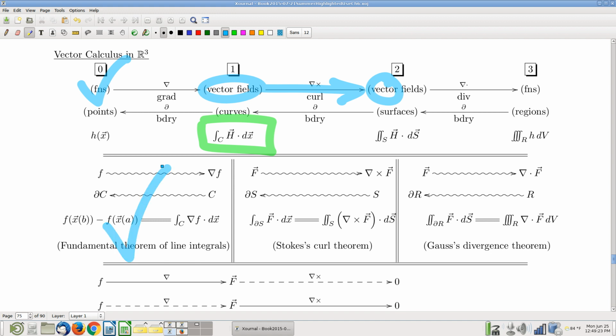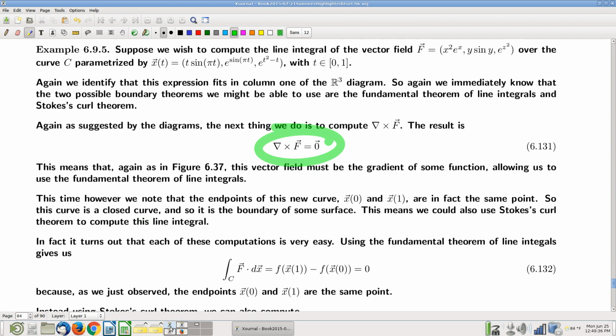Now, there's a temptation here to say, okay, cool, I love this theorem, I remember that one, I'm good at this one, I'm going to do that. Slow down. Consider your options. Look at what we'd be facing here. If I wanted to go directly to that, I'd start trying to find the anti-gradient. That's going to be hard. I'm going to have to take an anti-partial of x squared e to the x.